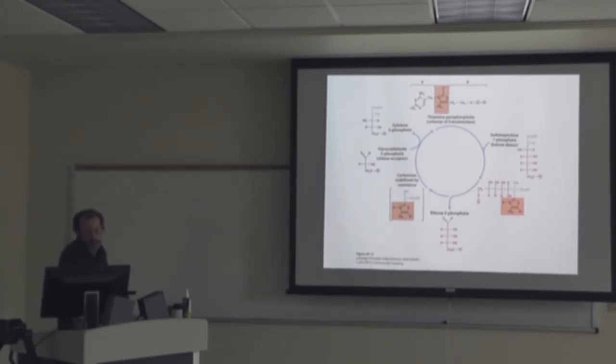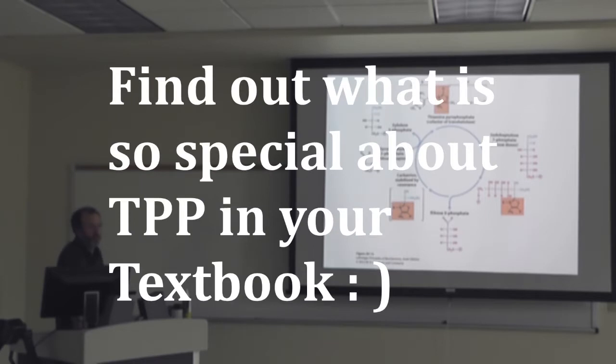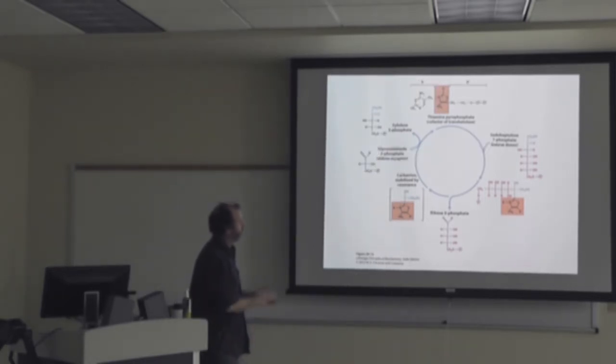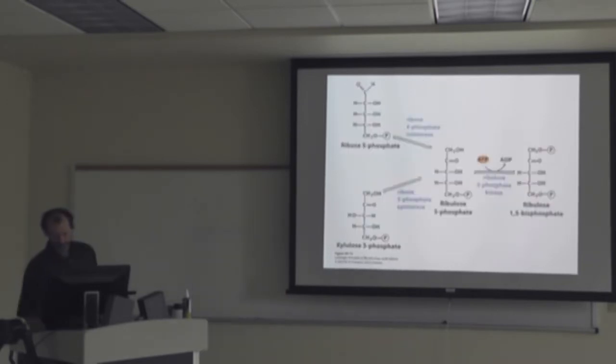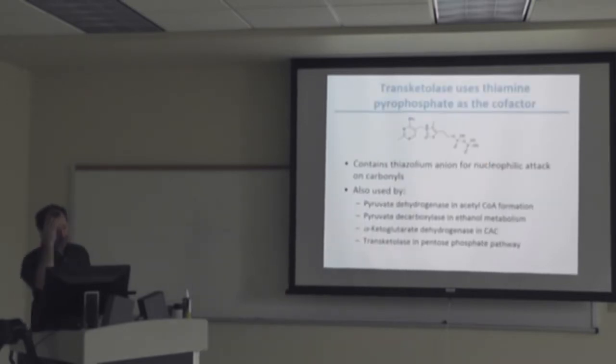So TPP is the cofactor for transketolase. Do you guys remember TPP? So it's that thiamine pyrophosphate. What's special about TPP? Again, transketolase uses thiamine pyrophosphate as its cofactor.